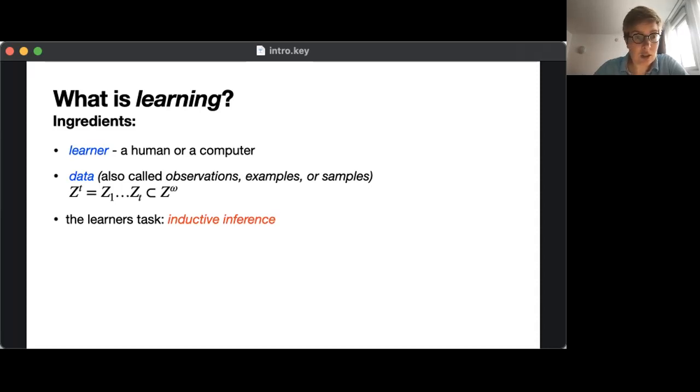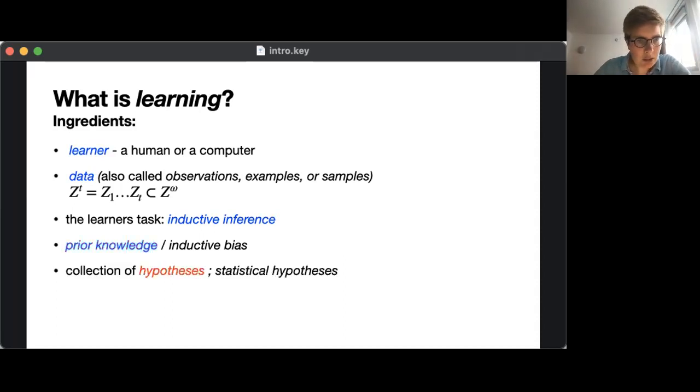The learner needs to start with background assumptions that restrict the space of possible outcomes, and this is called prior knowledge or inductive bias. We shall see later that it's not possible to learn without prior knowledge or inductive bias. We assume that there is some collection of hypotheses that the learner can propose or investigate, and we can view a hypothesis as a general statement about the world.